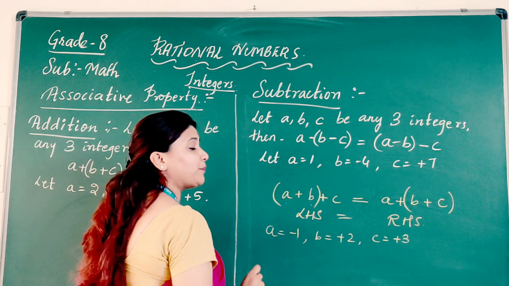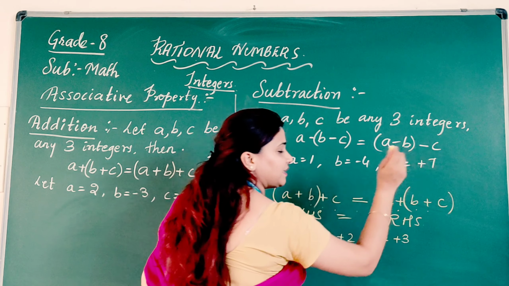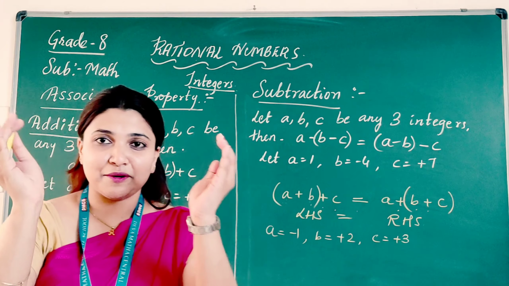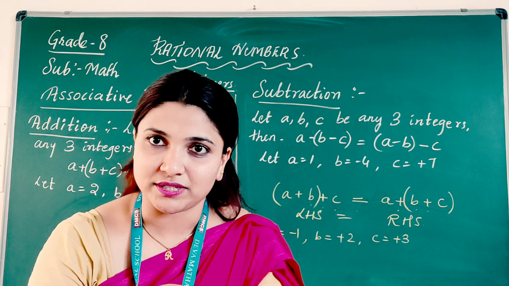It states that (A + B) + C is equal to A + (B + C). Whenever there are brackets, you have to give a pause. Clear? So this is called the associative property of addition.